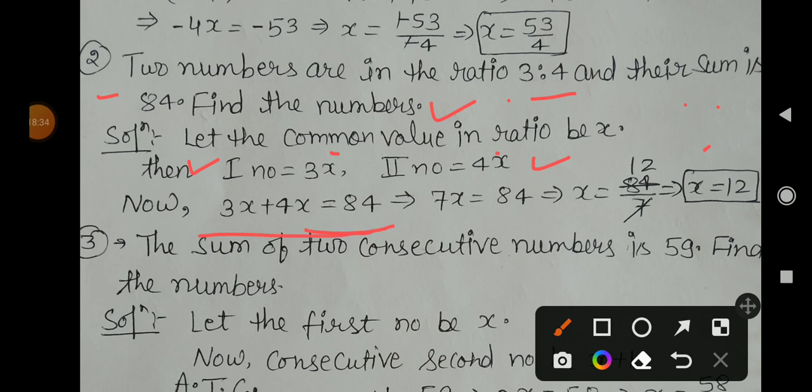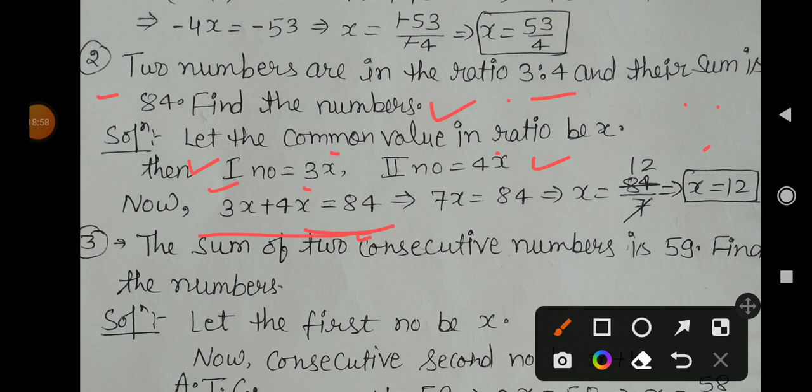You have to solve this equation. Again I repeat how to solve these things. The sum of the numbers is 84, so the first number is 3x and the second number is 4x. You add them and this value is equal to 84.